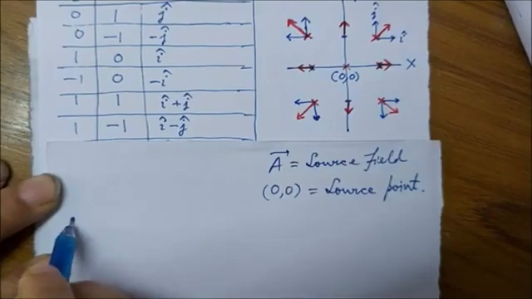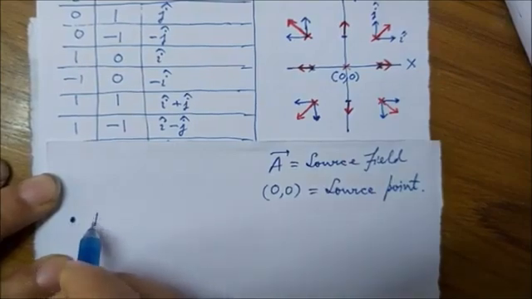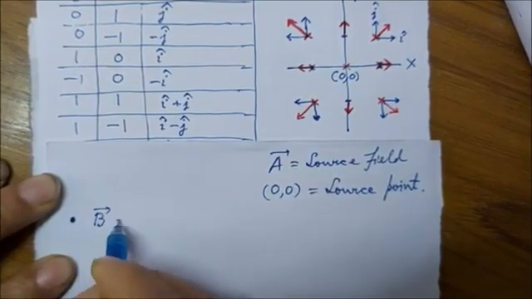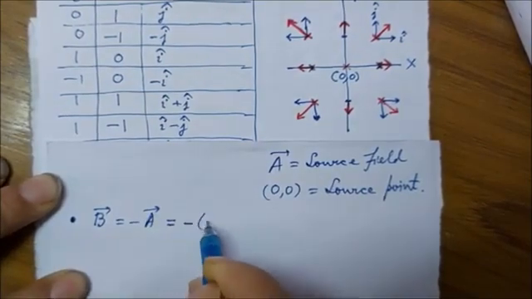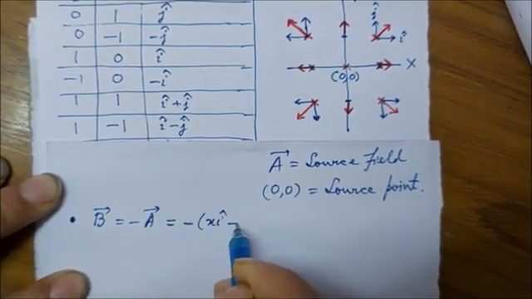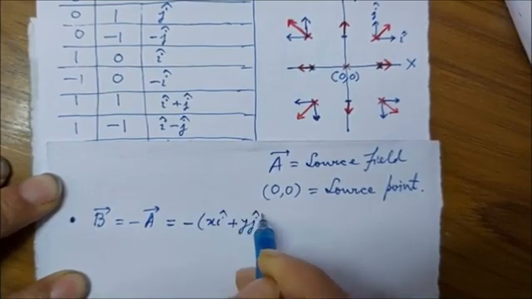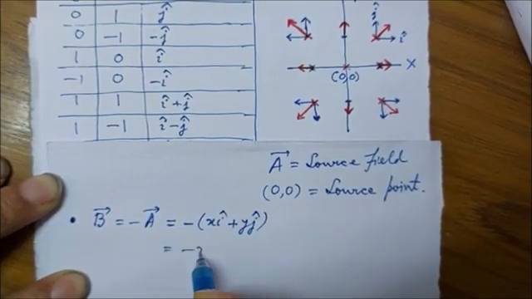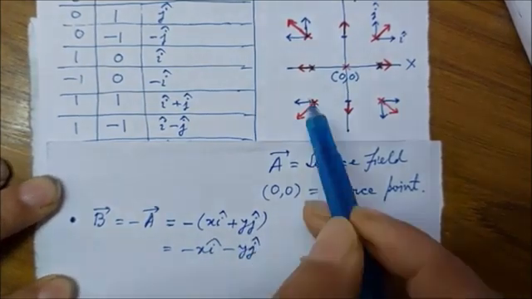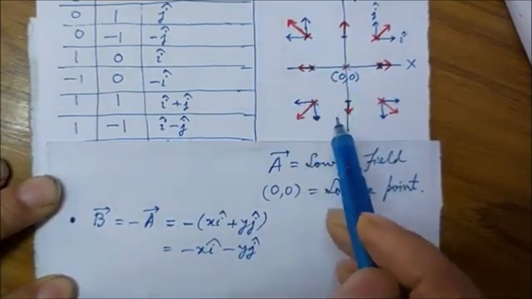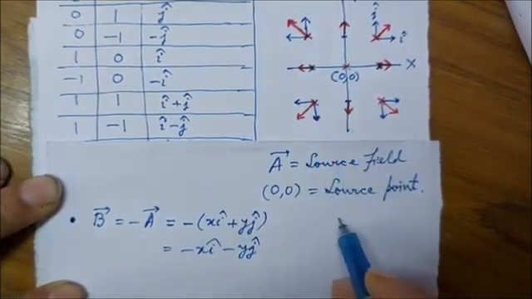It is clear that if we construct a vector, say vector B, which is equal to minus vector A, then all the directions will get reversed and we will have this type of plot.